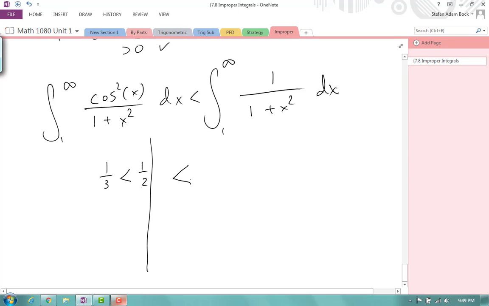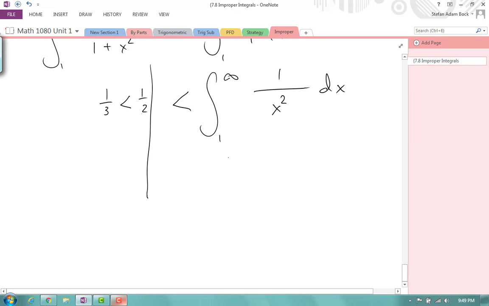So here, if I remove the 1, I end up with a bigger function again. But I know what this does. This is a p, let me say that, p equal to 2, which is greater than 1. So this is a convergent integral.